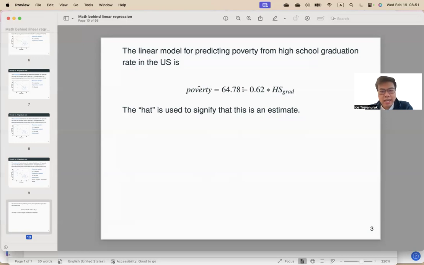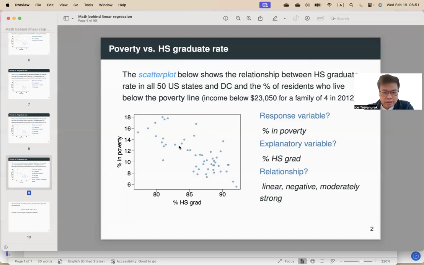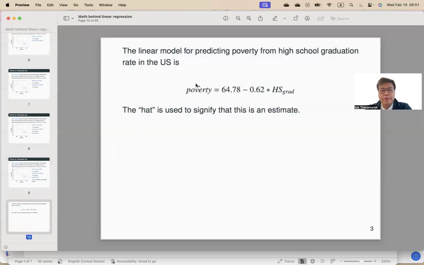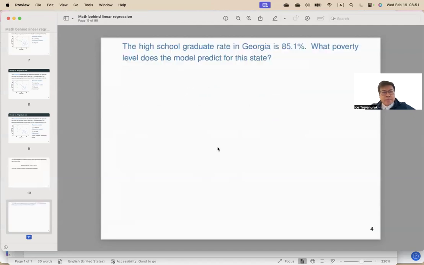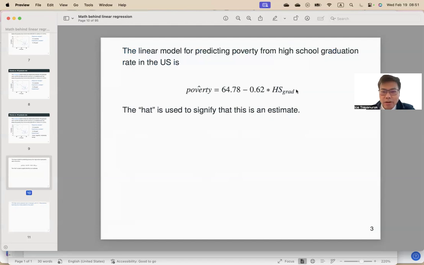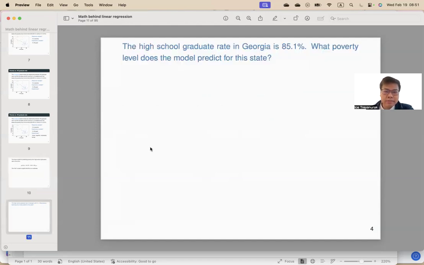So you can see this negatively sloped linear equation that will, if you graph it, sort of fit on that scatter plot. We use that hat to say that it's an estimate. So let's say using that same equation from before, the high school graduation rate in Georgia is 85.1%. What poverty level does the model predict? So then we put 85.1% in for high school graduation rate, and we use the equation. Just like that. And we get 12.